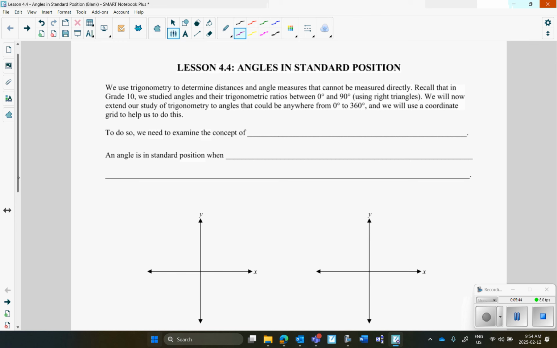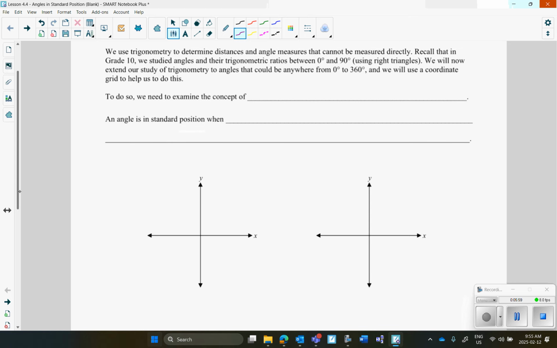Well, actually what we do is we use a coordinate grid to help us. Because on a coordinate grid, we can draw an angle of any measure. And when I draw that angle, I've drawn the angle in standard position.